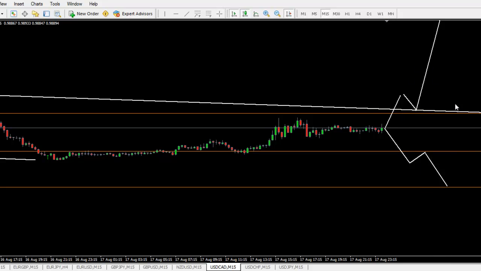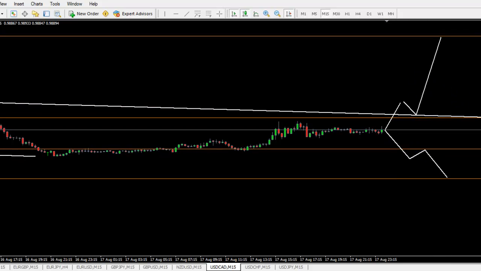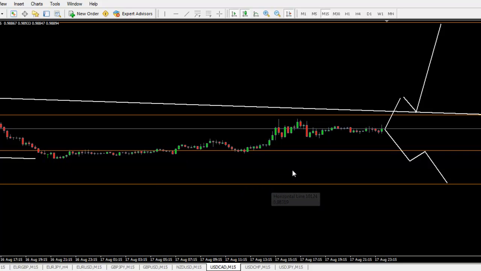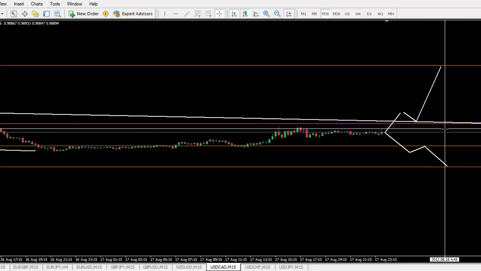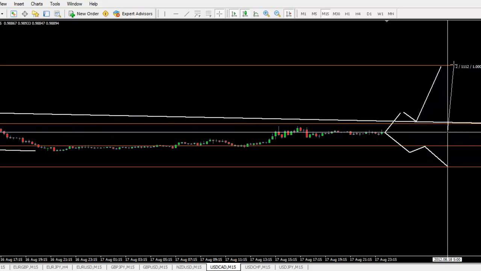So this is what I'd be looking for. And we're at some major support right now. We would definitely like to see this one pop. So we could see parity on this one. That would be kind of nice. That's about 110 pips up.